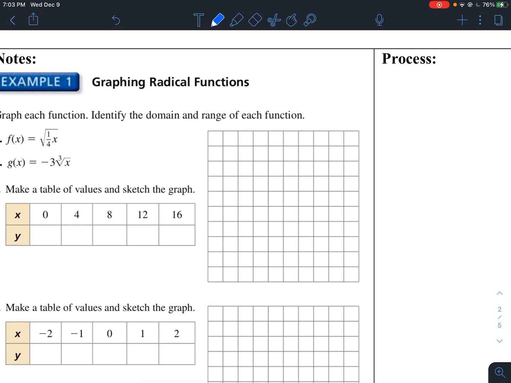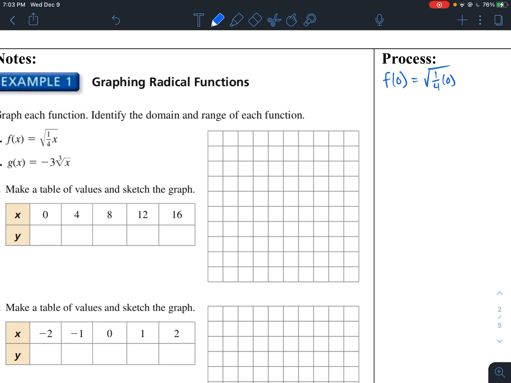We want to know the value of y when x is 0. So let's do the function f over here. Let's do f of 0. If we plug that into this radical function, we get the square root of 1 divided by 4 times 0.